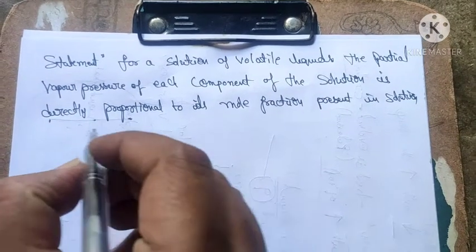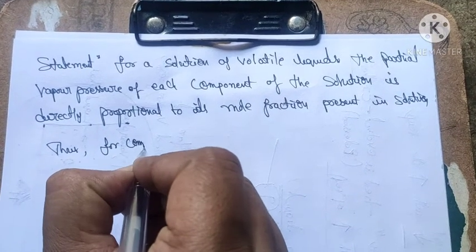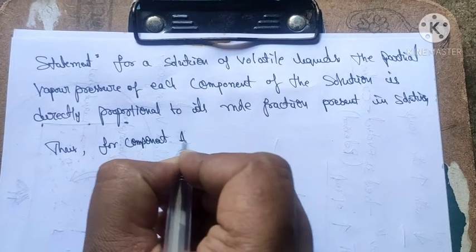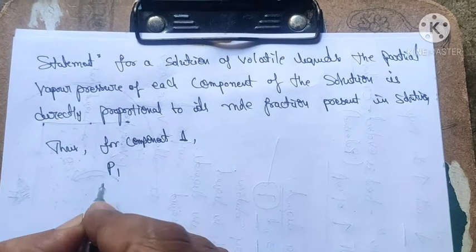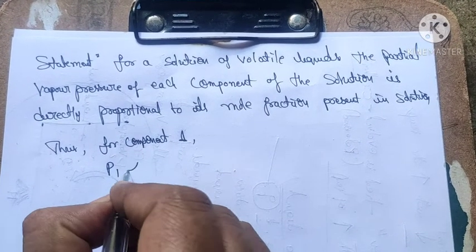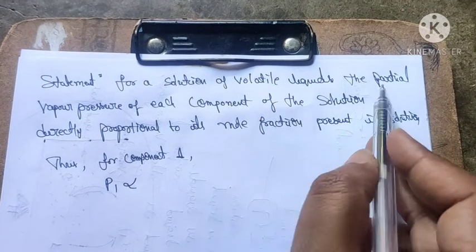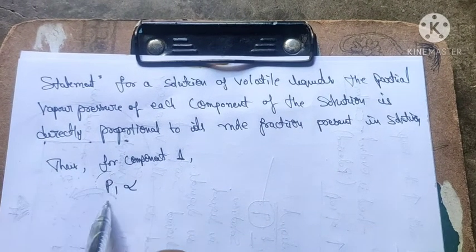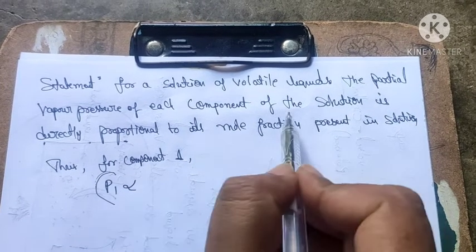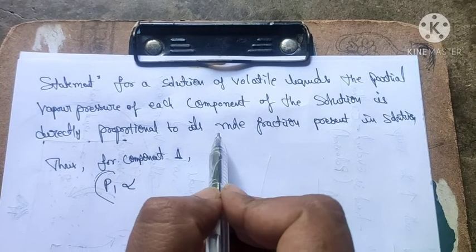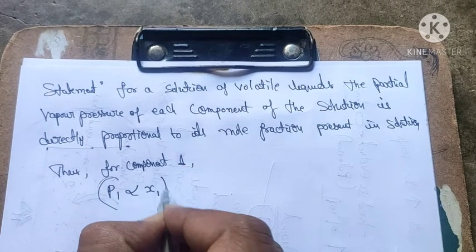So for component 1, the partial pressure P1 is directly proportional to its mole fraction, which we represent as x1.